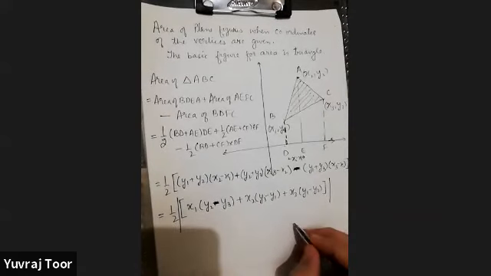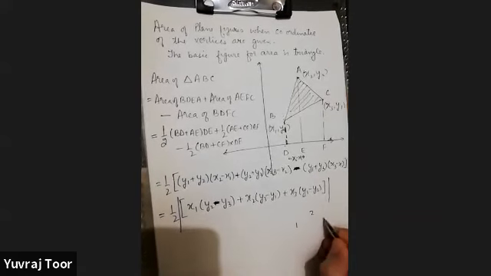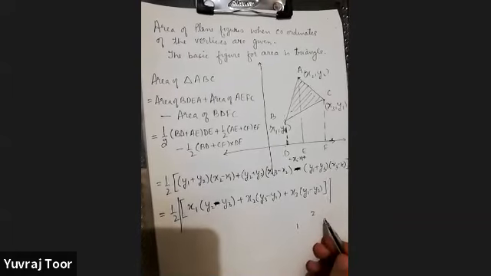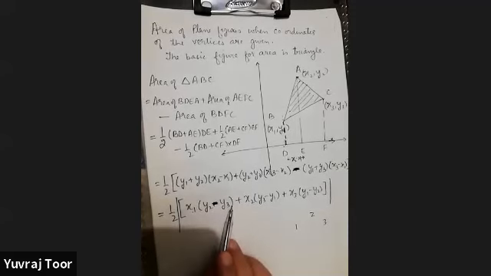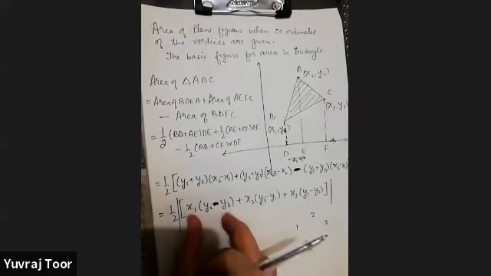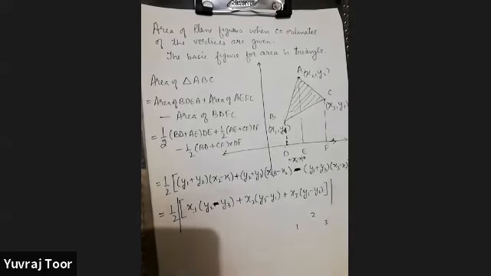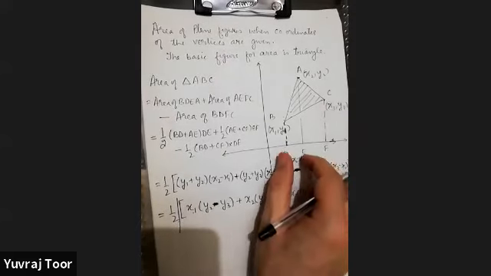How to remember this? 1, 2, 3. This should be the sequence. You start with 1, and that is x. X remains outside, and the y's, that is the ordinates, remain in brackets as differences. It's a product, because area is a product. You know that area is a product. Area is always the product of length and breadth.